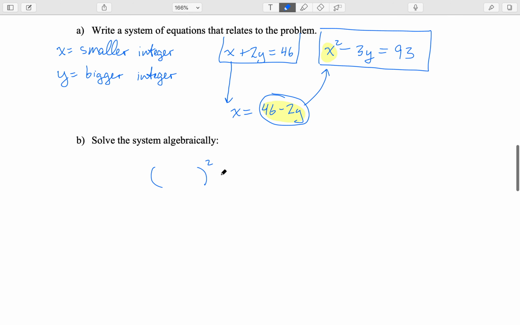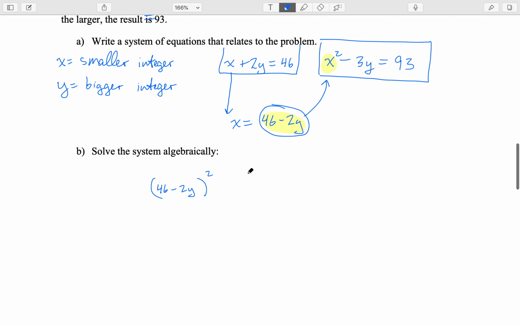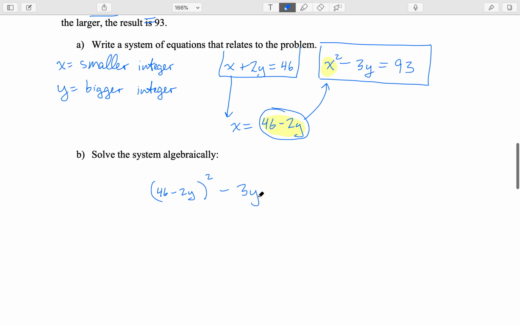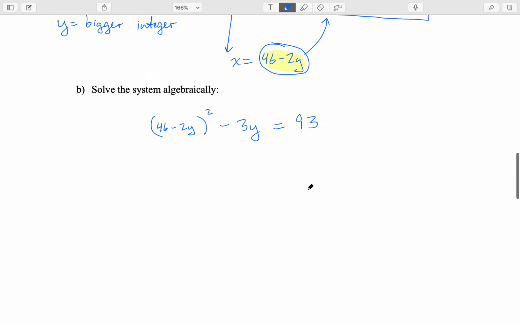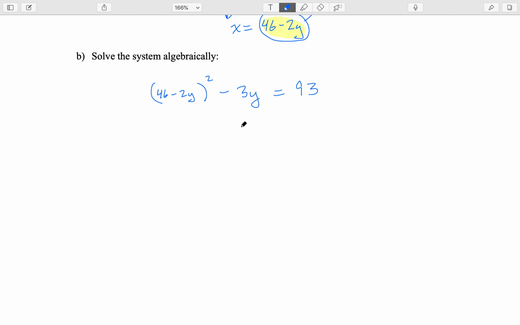x squared. Okay, so it's (46 minus 2y) squared minus 3y is equal to 93. Okay, so let's try this. Yikes, what's 46 times 46? 46 squared, whew, 2116. 46 times 2, which is 92, doubled, 184.